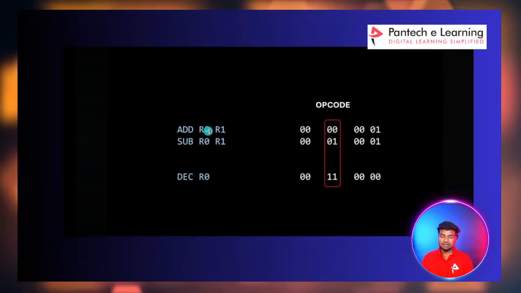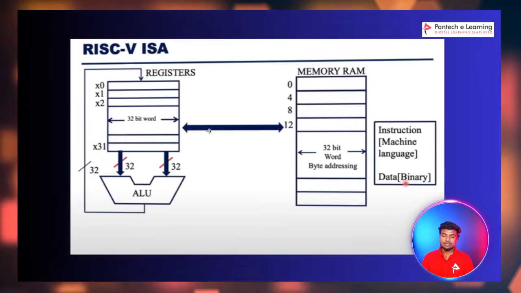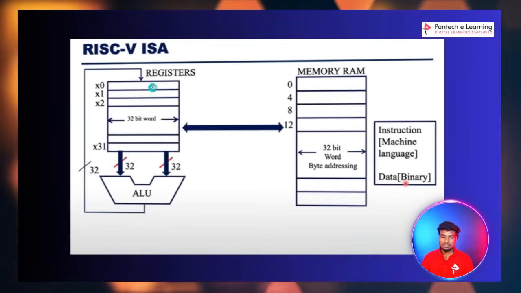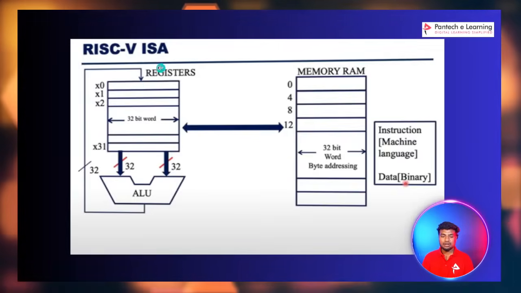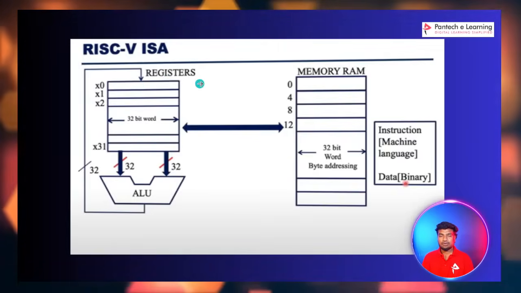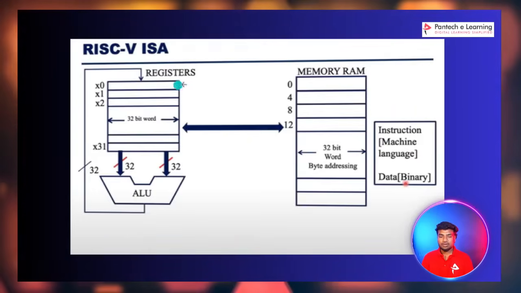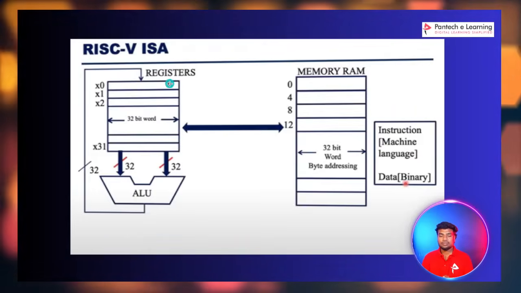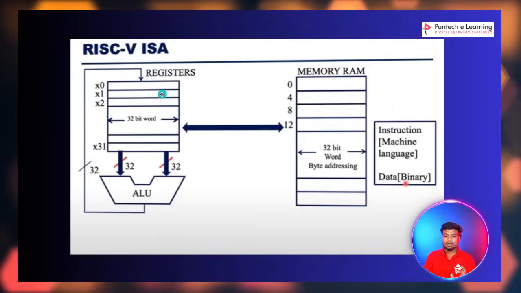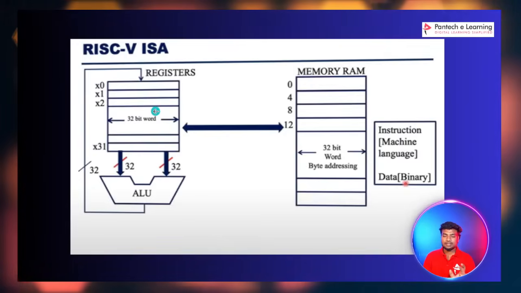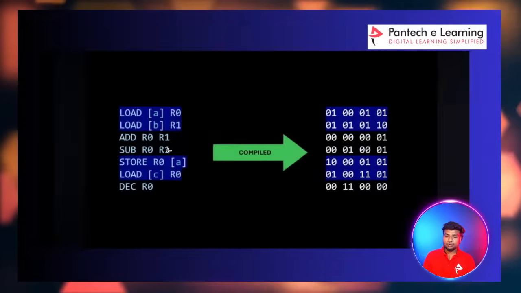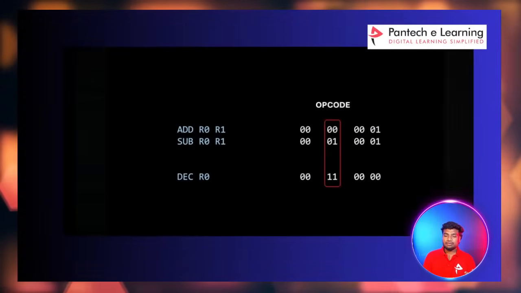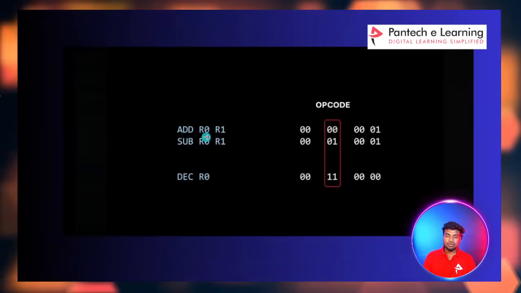R0 refers to a register address in memory, which has some locations. This memory location is called R0, register 0. This is register 1, register 2, register 3, and it will go up to 31. I am doing the addition operation on R0 and R1.